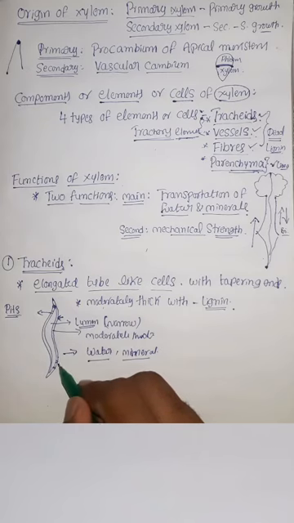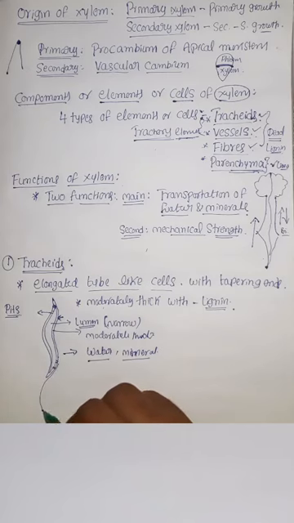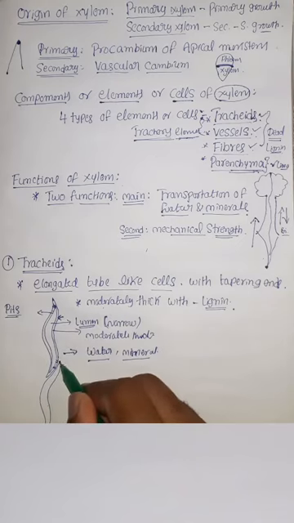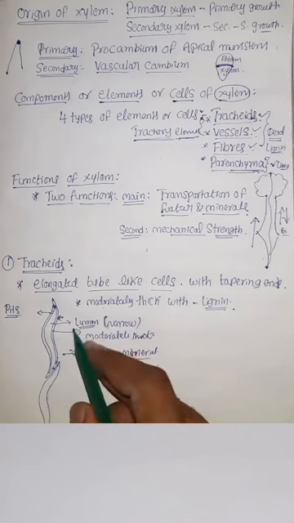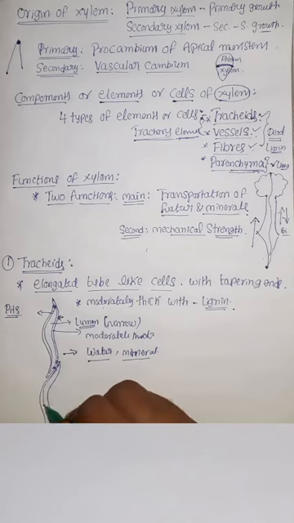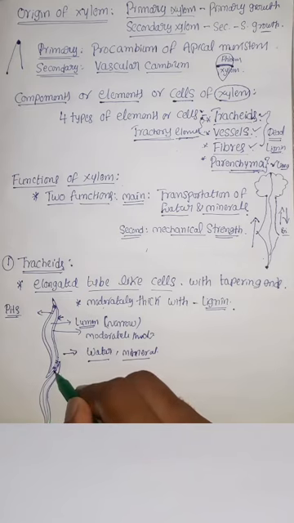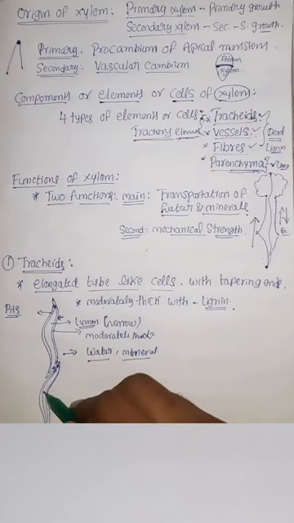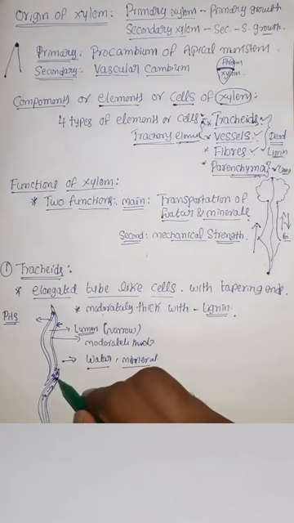These cells are arranged compactly with overlappings like this. Here there will be pits, and in the second cell also we can see pits here. The water and minerals are transported from one cell to another through these small pores or pits.